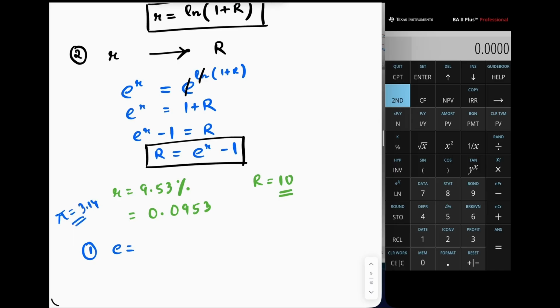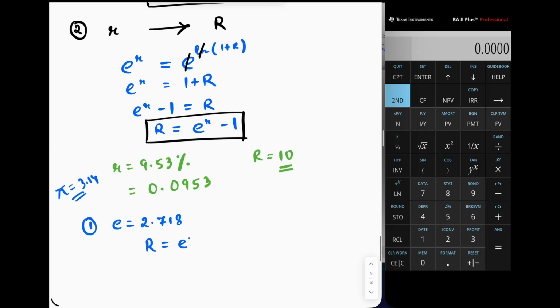The value of e is a constant, 2.718. So if I want to calculate big R, it is e to the r minus 1, where r is 0.0953. E is 2.718 to the power 0.0953, minus 1.